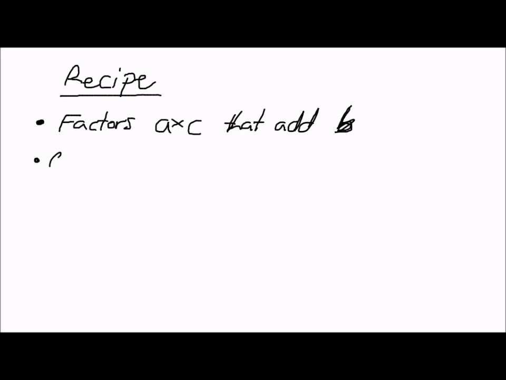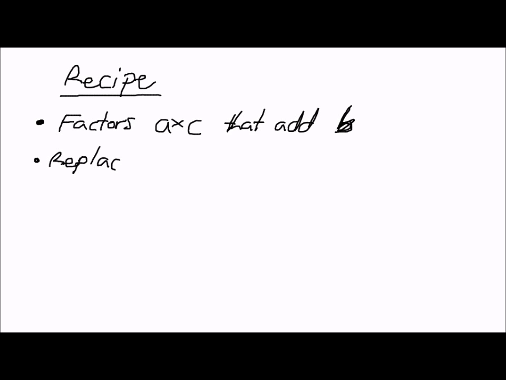So here's our recipe. Step 1, find factors of A times C that add or subtract to make B. Okay, step 2. We want to replace the middle term.